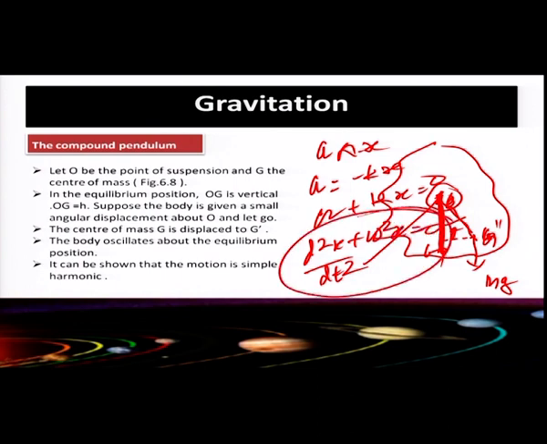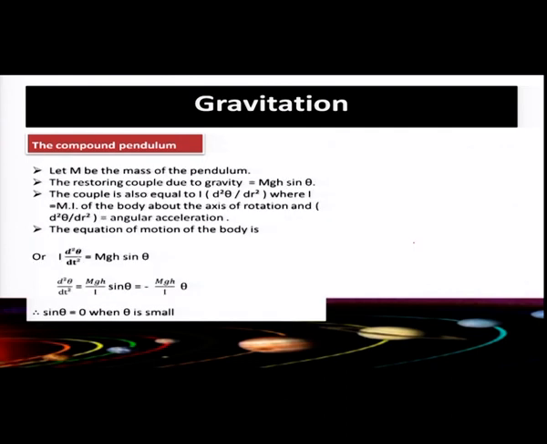So, this is the second order differential equation for a simple harmonic motion, where d squared x by dt squared denotes acceleration, omega is the angular velocity and x is the displacement. Therefore, this compound pendulum executes a simple harmonic motion. Let m be the mass of the pendulum.